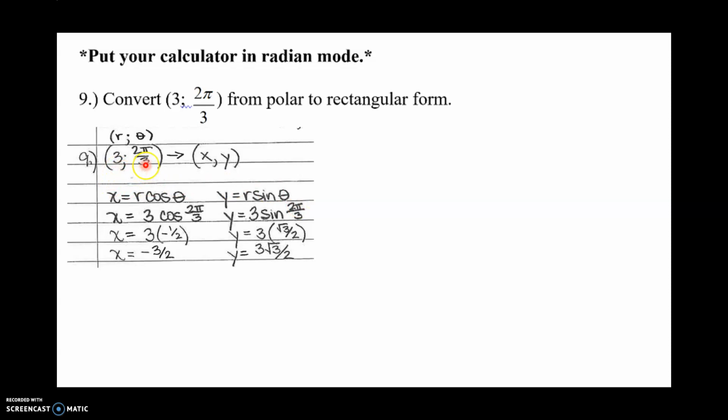So r is 3 and theta is 2π/3. Cosine 2π/3 on our unit circle on our formula sheet is negative 1/2, so 3 times negative 1/2 would be negative 3/2. Again, r is 3, theta is 2π/3, so look up sine 2π/3 on your unit circle, and we get square root of 3 over 2, and 3 times square root of 3 over 2 gives us 3 square roots of 3 over 2.